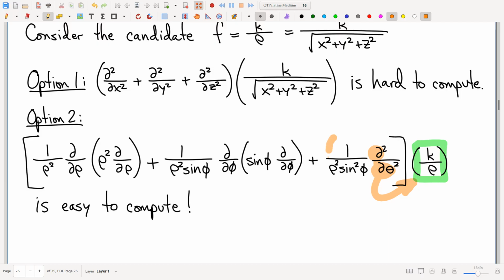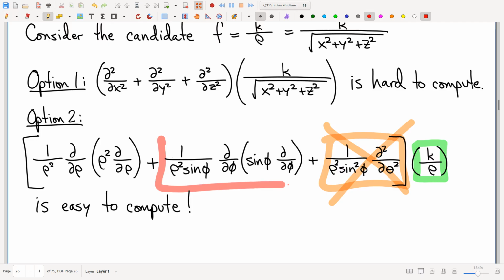And then everything else in this term is something I'm doing to 0. And so this entire term disappears in a puff of smoke. Isn't that nice? Really, really nice. But we got lucky on that one.